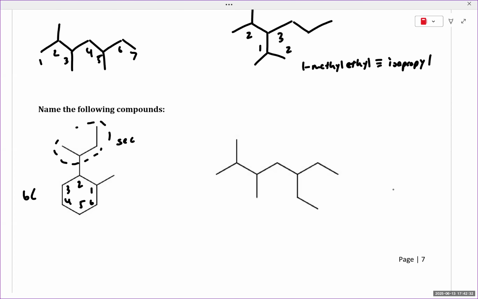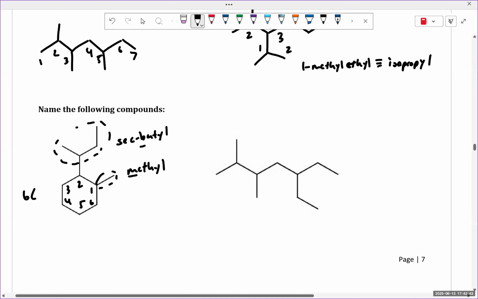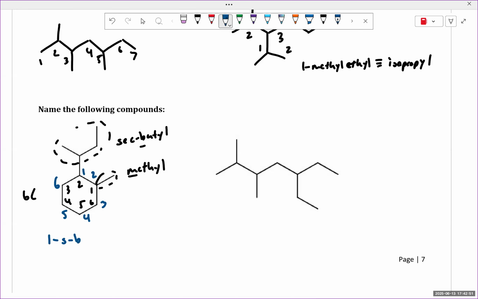This is a cyclobutyl chain. This chain is methyl. B is first alphabetically, so we will in turn prioritize giving the cyclobutyl group the lowest locant numbers. So we name this as 1-cyclobutyl, 2-methyl cyclohexane.